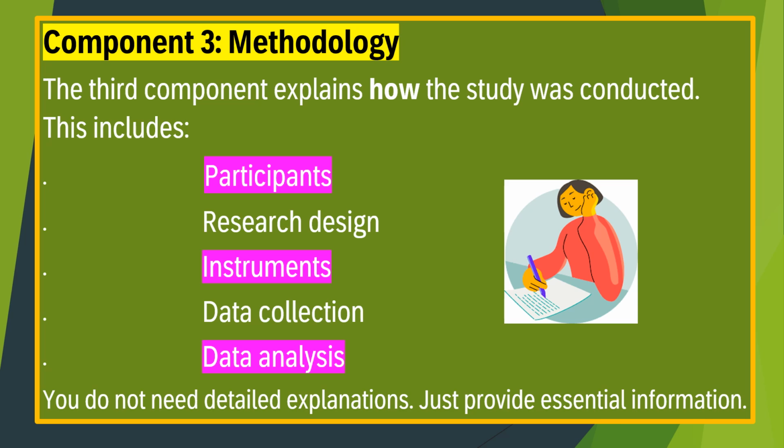Component 3, Methodology. The third component explains how the study was conducted. This includes participants, research design, instruments, data collection, data analysis. You do not need detailed explanations. Just provide essential information.